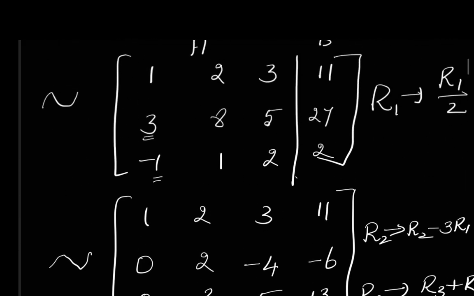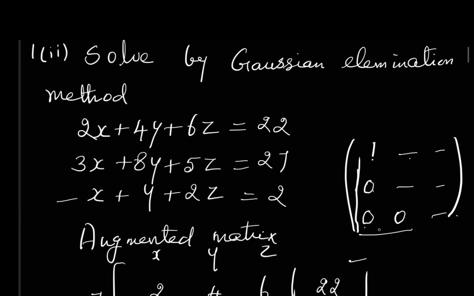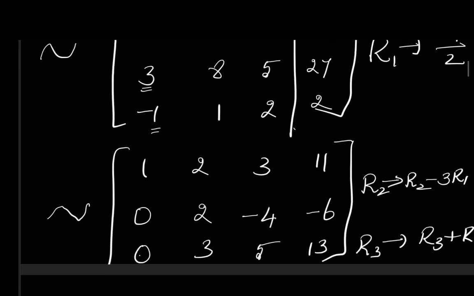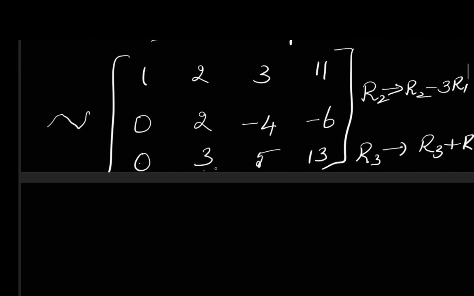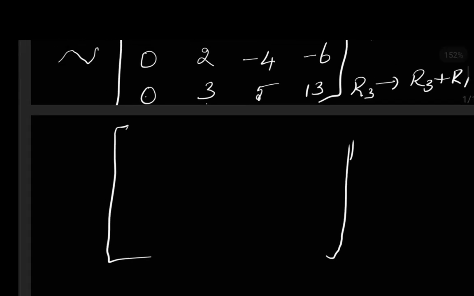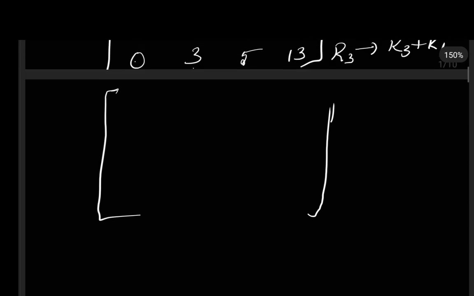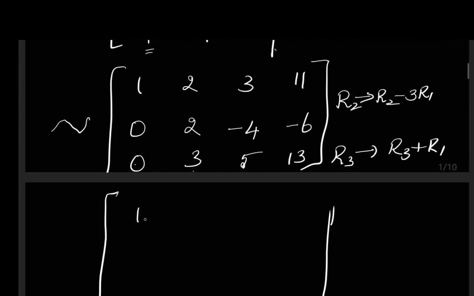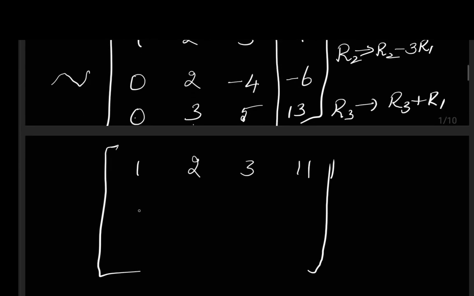One more transformation is needed. In the third row, the second entry should be 0, that is, this 3 must become 0. Don't touch R1, which is 1, 2, 3, 11. Write the second row as it is.